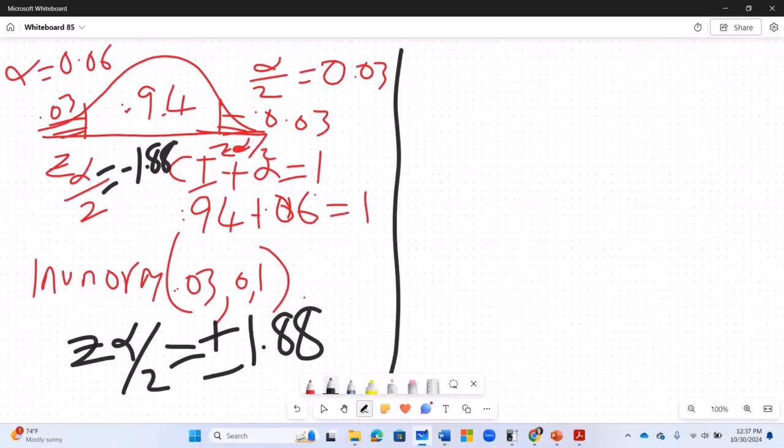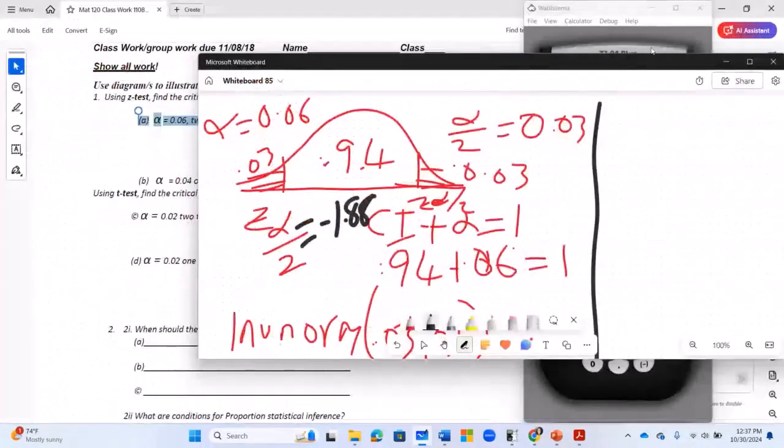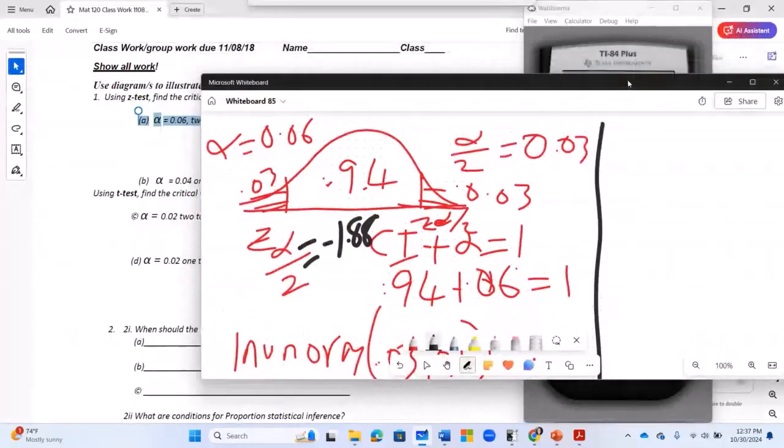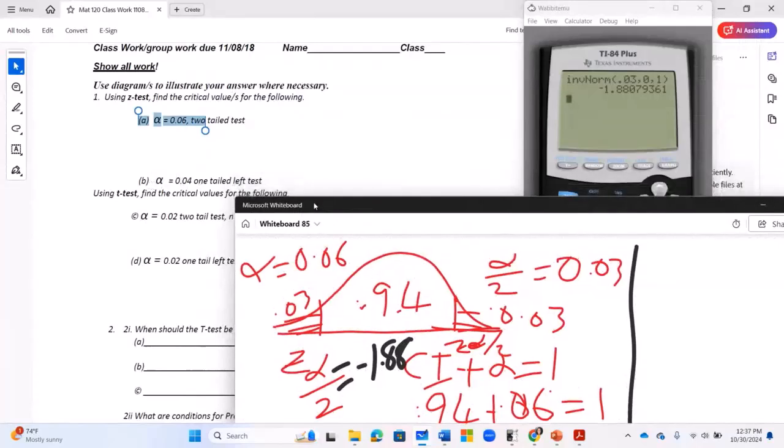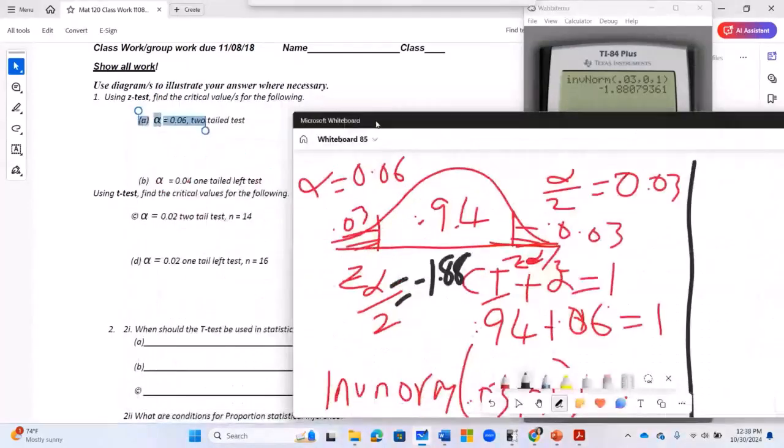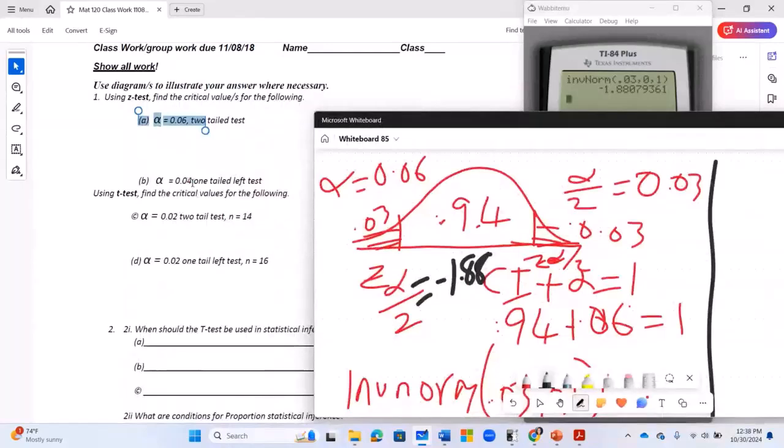So what if I'm told to find area on one side? If I'm told to find area on one side, I will not divide alpha by 2. Question 1b says find the critical value when alpha is 4%, one-tailed left.